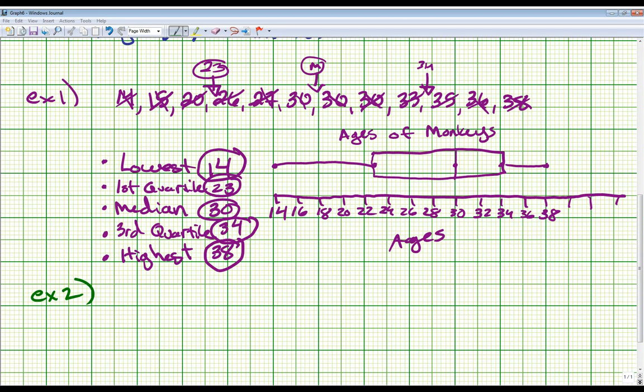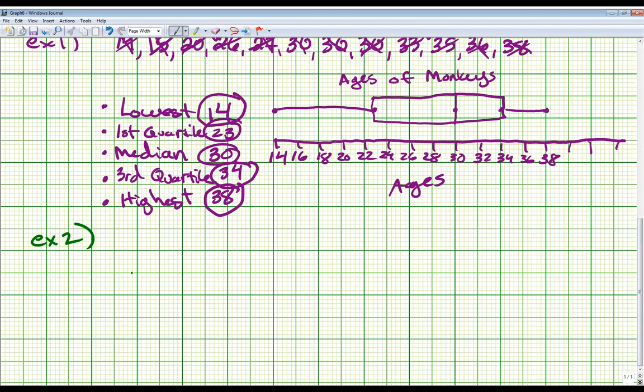So in our notes, we will draw a sketch of this box and whisker plot. And we can have a dot here, here, here, here, and here. And here's our box. And this would be our whiskers. This is 1/4 of the data. From here to here would be 1/4 and 1/4, so that's a half of the data.